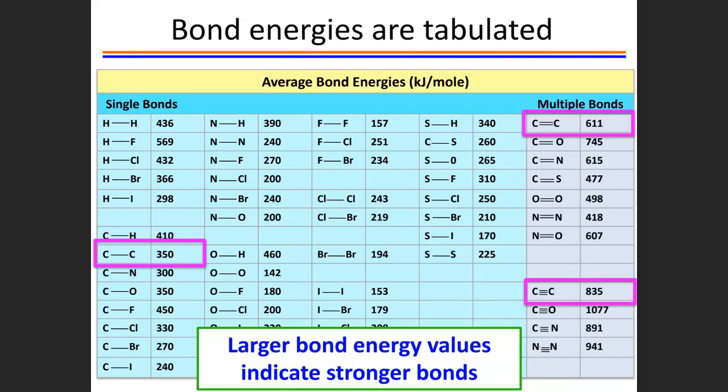Looking at the larger bond energy, the triple bond is highest, the double bond is a little less than that, then the single bond. But the length is also higher in the case of a single bond.